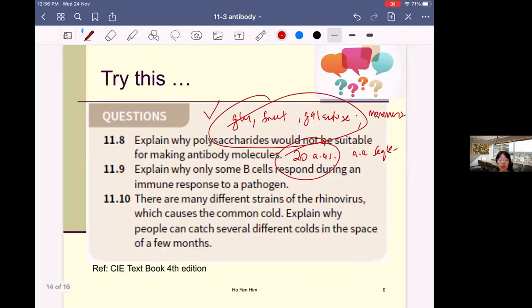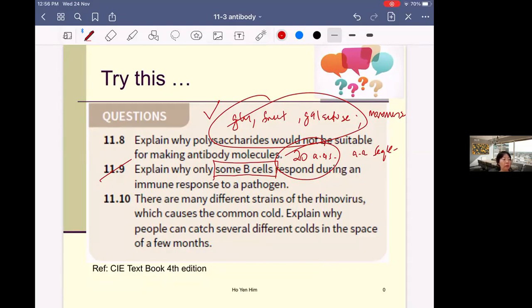Now, the next question is, explain why only some B cells respond during an immune response to a pathogen. So only some B cells will respond during an immune response to the antigen. Okay, who would like to answer? Why only some? Why not all? This one is very easy. Okay, I'm going to call someone to answer.